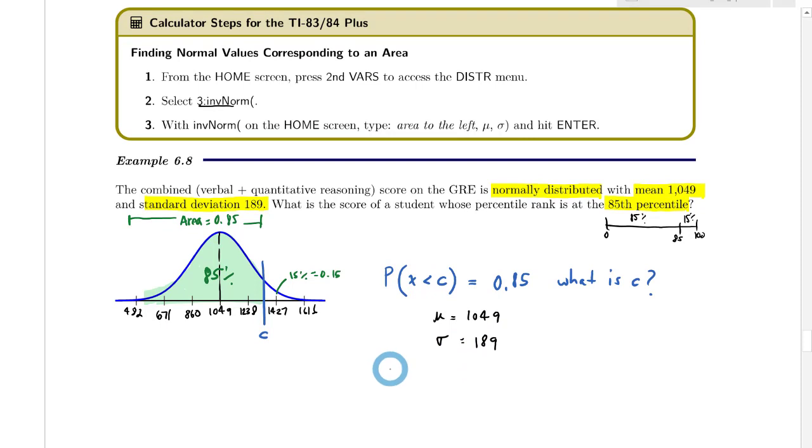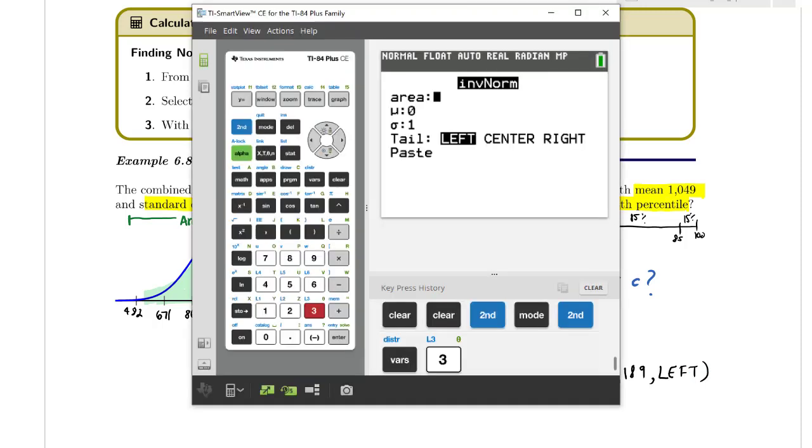So let's go ahead and use our calculator. So really, this c will be equal to invnorm, area to the left in our case. The mean is 1049, standard deviation 189, and our area is, we will select the left side. So let's go ahead and go to our calculator.